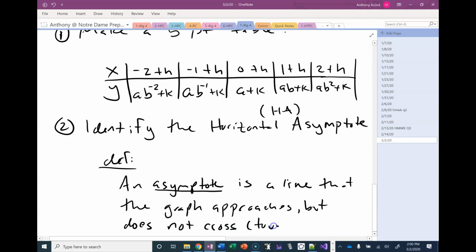Or maybe we can say does not touch. So how do we find that horizontal asymptote in the case of our exponential function? It's very easy. It's just going to be y equals k.